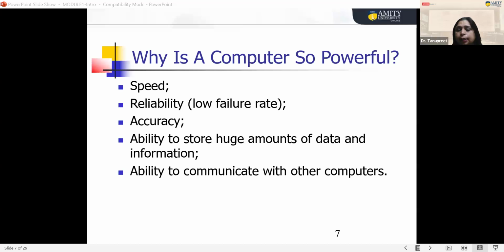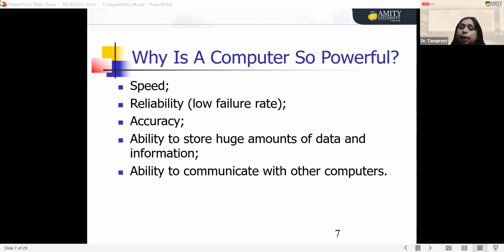See, students, a computer is not subject to fatigue, but a human being is subject to fatigue, right? And then obviously the speed and the accuracy, because nowadays we are using new computational resources. With the help of such powerful computational resources, we are able to process a large volume of information. And obviously, we can connect whatever can be connected in this world. So these are some facts and figures which make the computer so powerful.